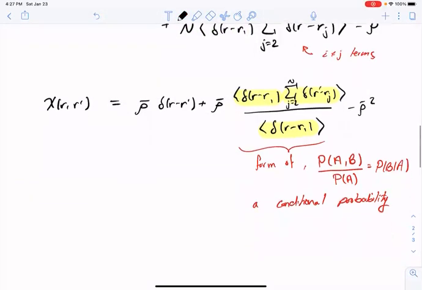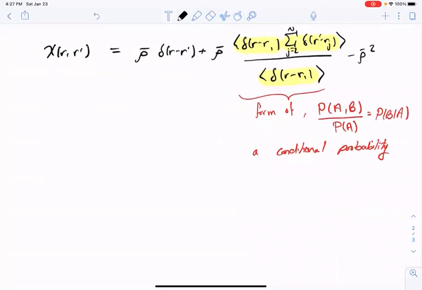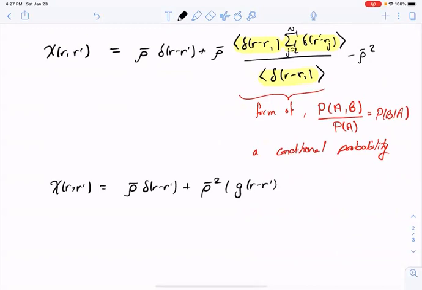Now that is kind of ugly to look at, so typically that highlighted term is given a variable, so one can write chi of r and r prime as this diagonal piece plus rho bar squared times a function g of r less r prime minus 1.